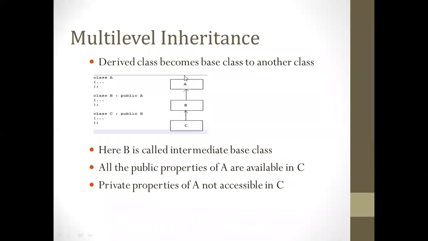A is the basemost class, B is the derived class of A, and C is the derived class of B. Code skeleton wise, it looks like this.